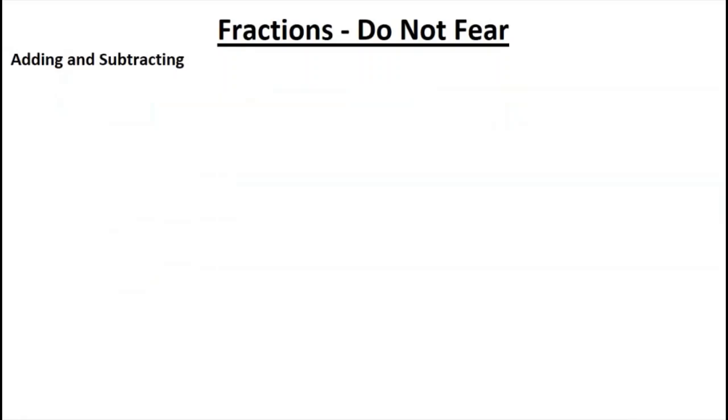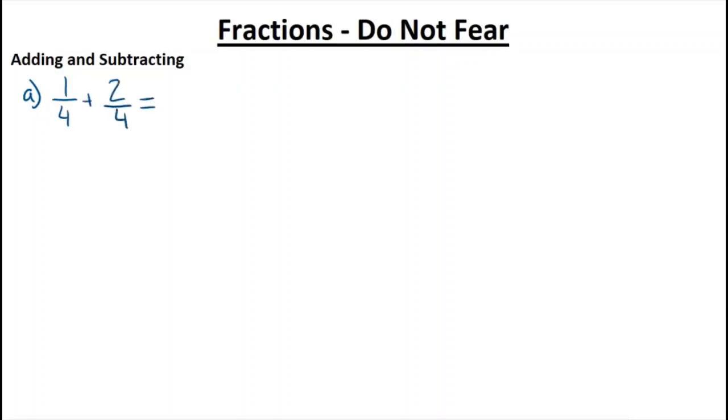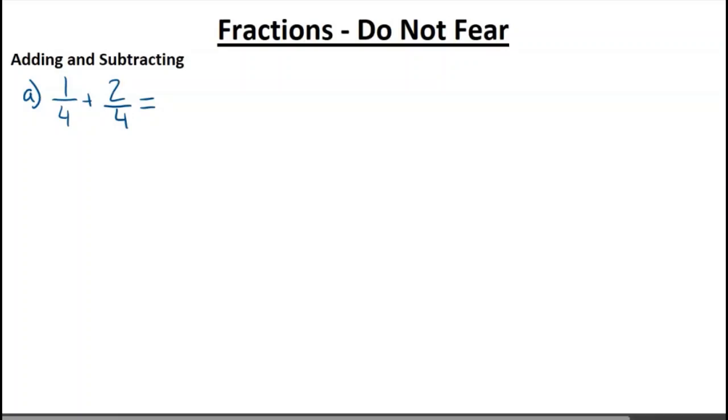So now let's look at adding and subtracting fractions. Here's our first example. 1/4 plus 2/4. What does that equal to? Well, here's the idea with fractions. They must have the same denominator.